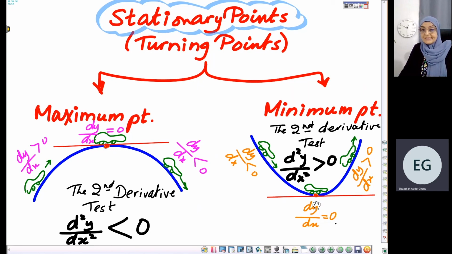There is a test. Here I wrote it in bold black. We call it the second derivative test. It means you differentiate the first derivative we did before, so we call it the second differential, or the second derivative.